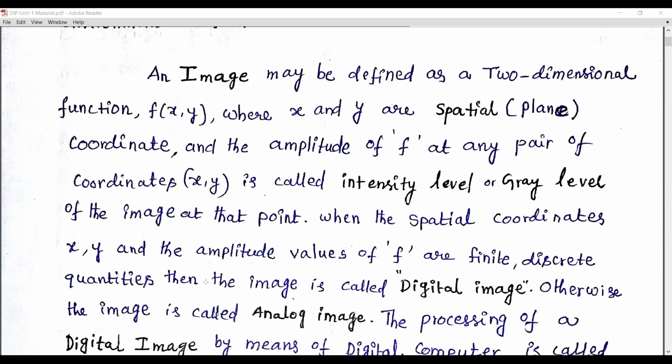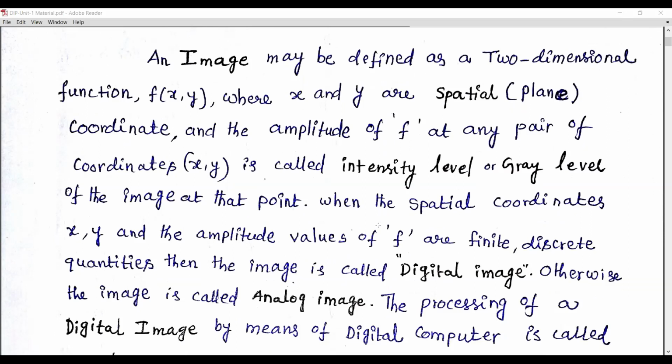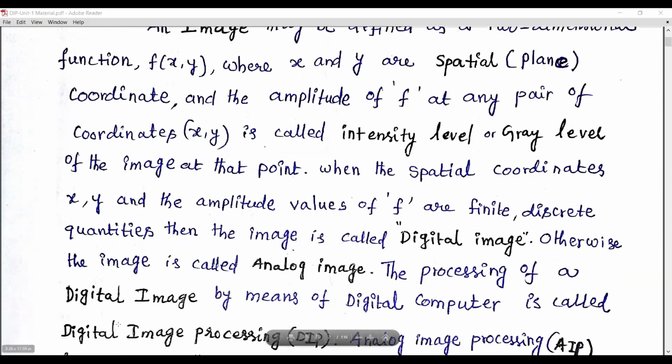So when the spatial coordinates x comma y and the amplitude values f are finite and discrete, suppose in this two-dimensional function f of x comma y, x and y along with f are discrete, then the image is known as a digital image. Otherwise, the image is known as an analog image.